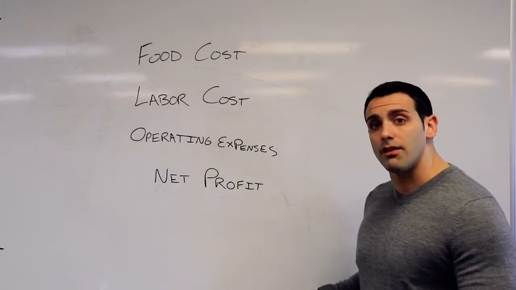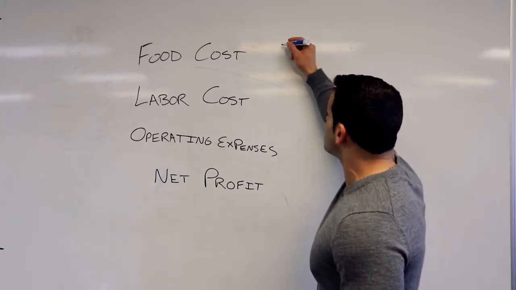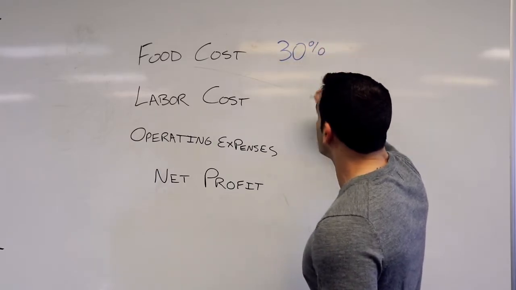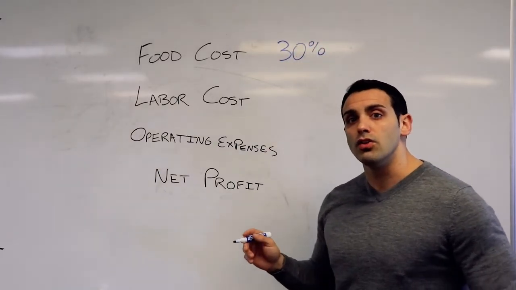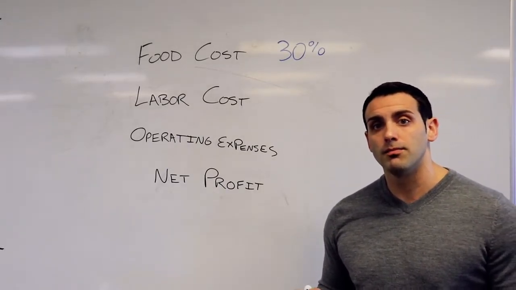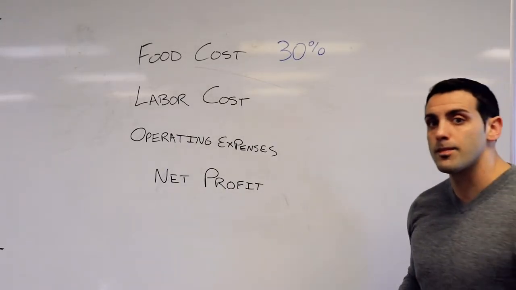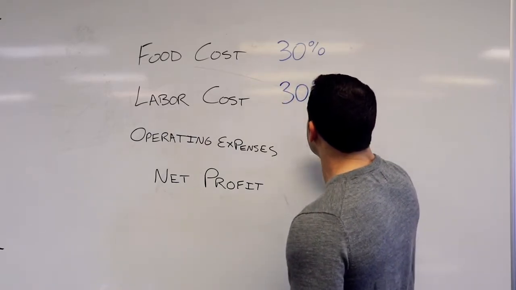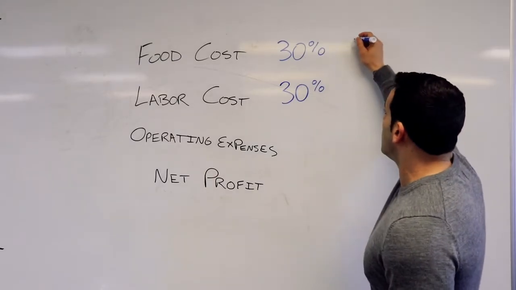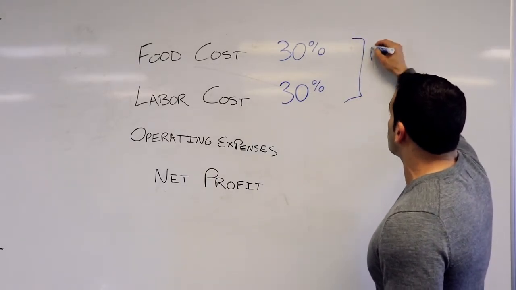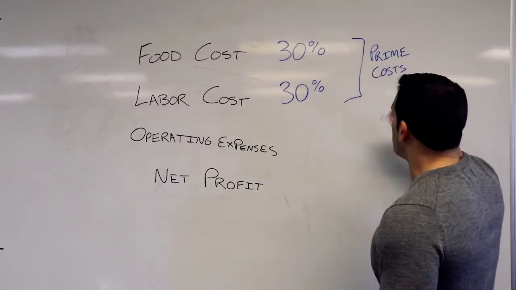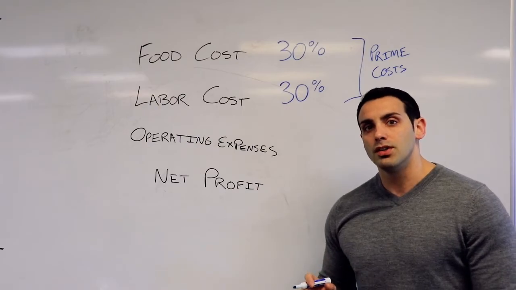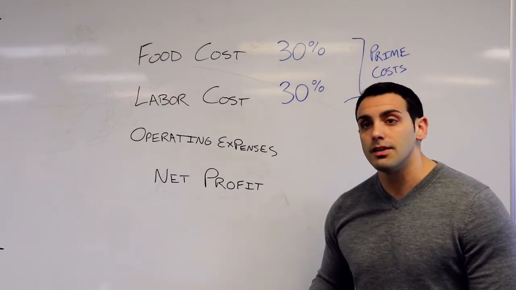Now, what we're typically looking for is a 30% food cost. Now, this also includes beverages as well. We're looking for a 30% labor cost. And these are what we call our prime costs because they are the primary variable expenses that go into selling our product.